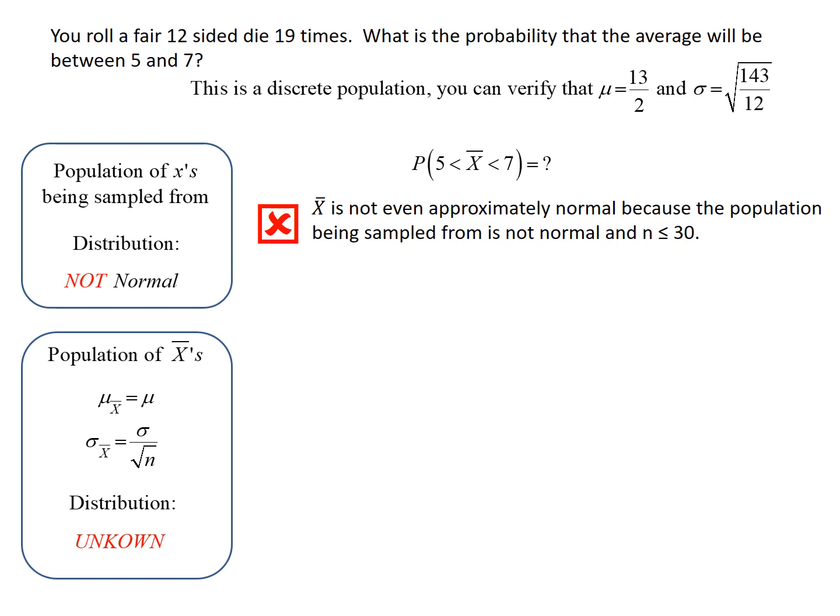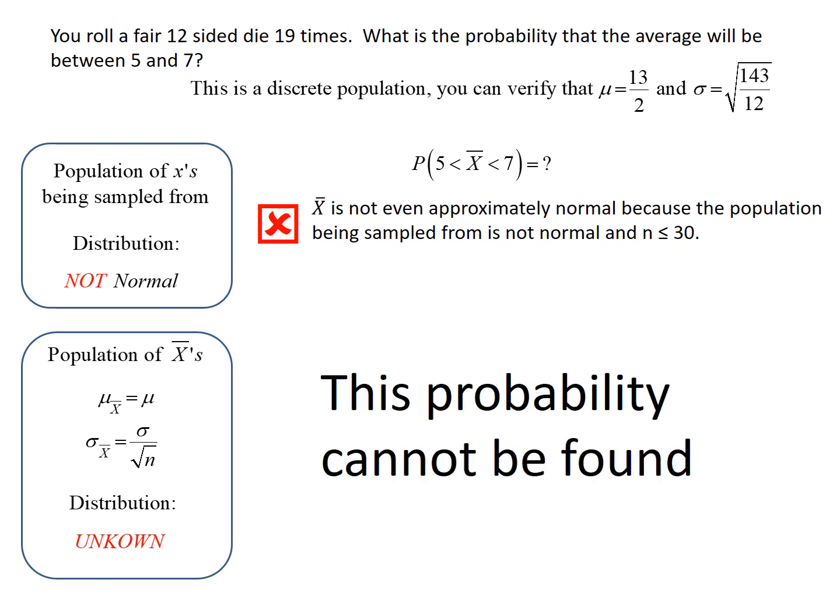It can't even be approximated with the normal curve because our sample size is only 19. So our original population is not normal and we have a small sample size. This means we just don't know what the distribution of x bar is. So x bar is too unpredictable with our methods. It means we can't do this probability, so this problem would be over for us.